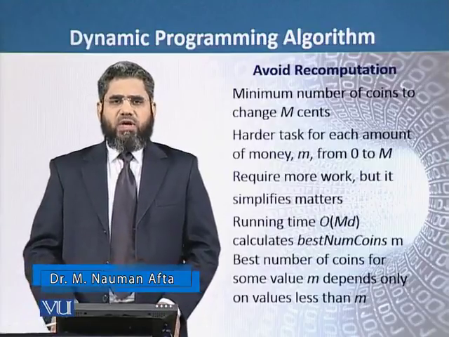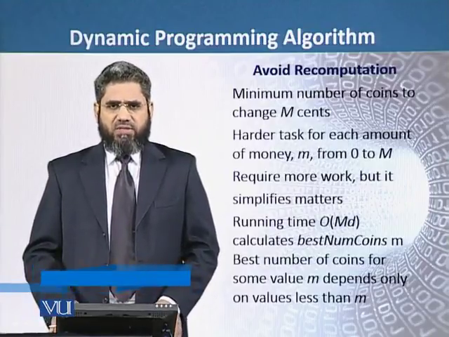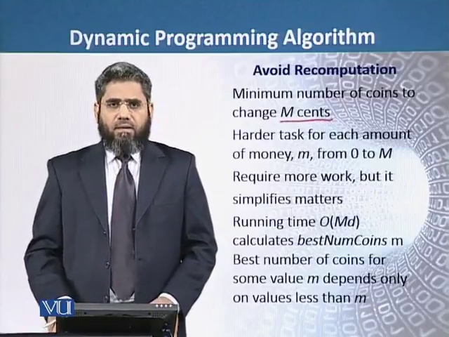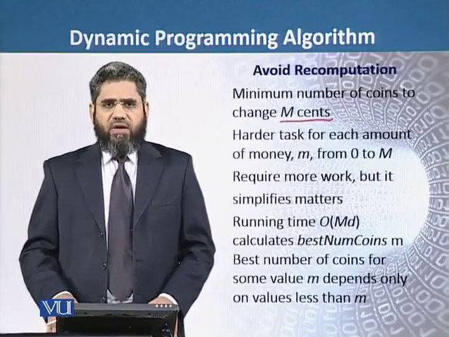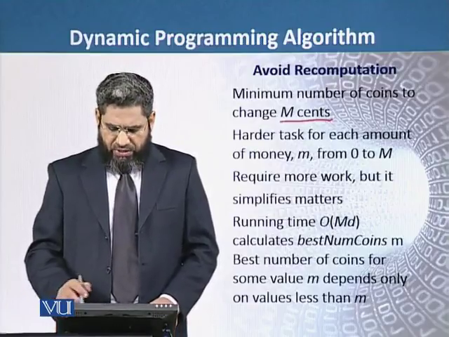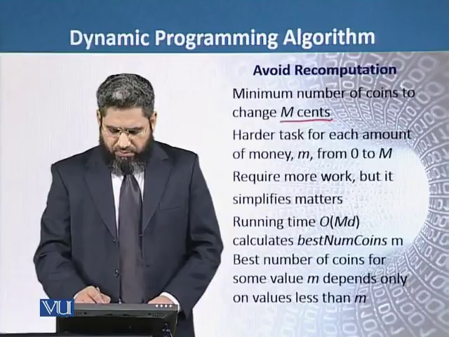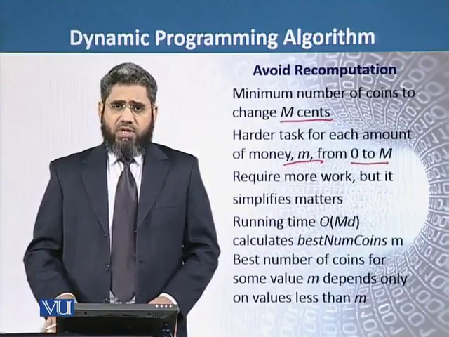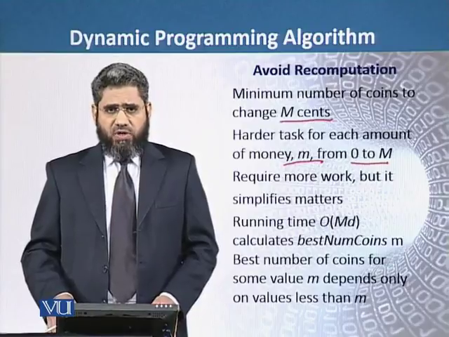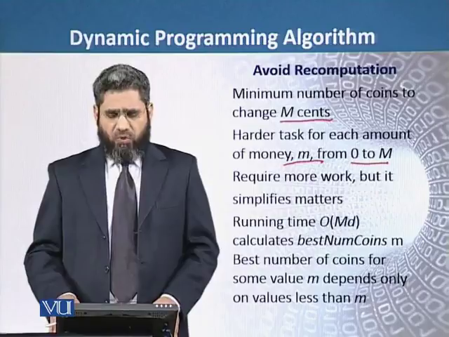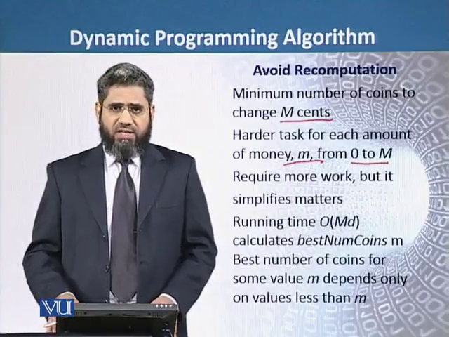So if we want to calculate the minimum number of coins for m, we have already selected the harder task of calculating the money from 0 to m. By doing so it will require much work, but it will solve our problem and simplify the matters.